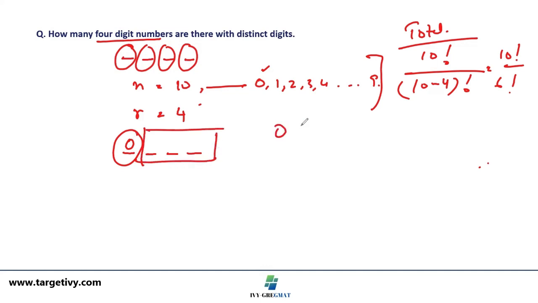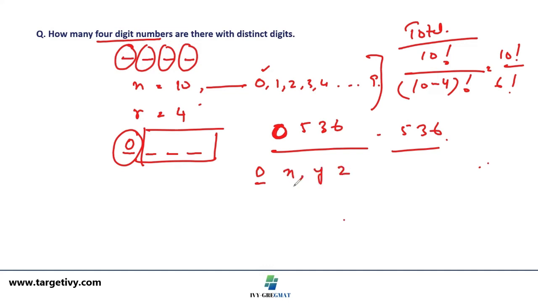So 0536 is not a 4-digit number, it's 536. Similarly, there may be combinations having 0 in the thousands place. So it may be 0 followed by x, y, and z. So I'll have to exclude all those numbers which are having this combination.